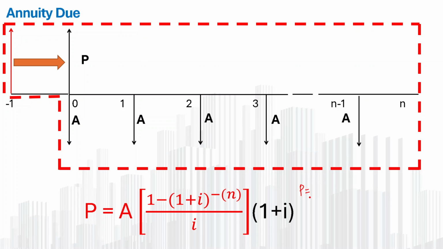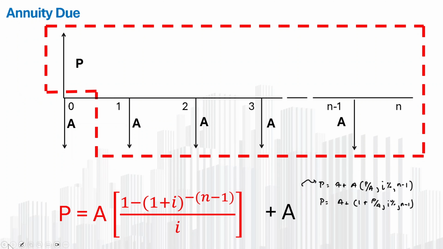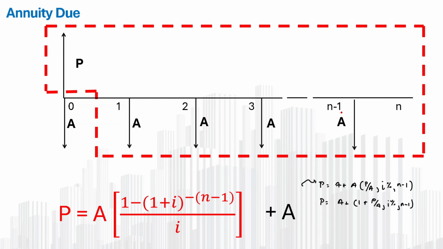P is equals to A1 plus 1 minus 1 plus I raised to negative n divided by I. That's another formula that you could use. It's pretty much the same. Ito kasi may n plus m yan, n minus 1 yan. Yung n minus 1 na dito yan, n minus 1, n total n. Yeah, there we go.